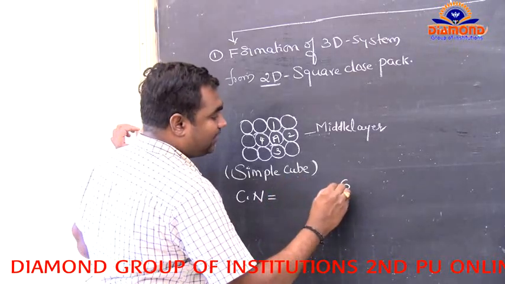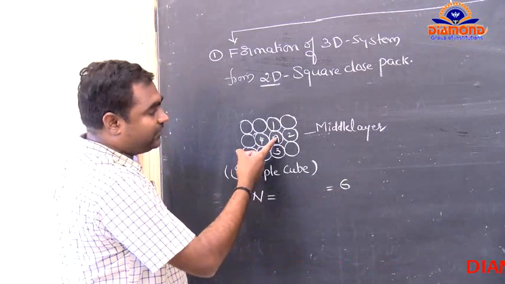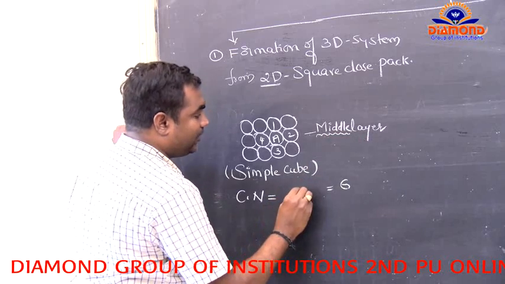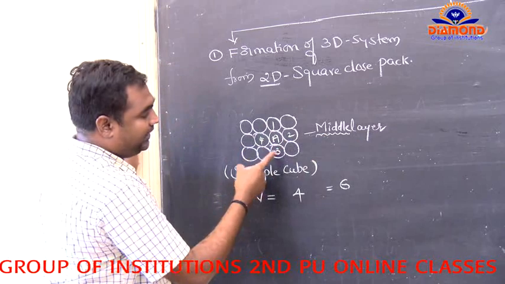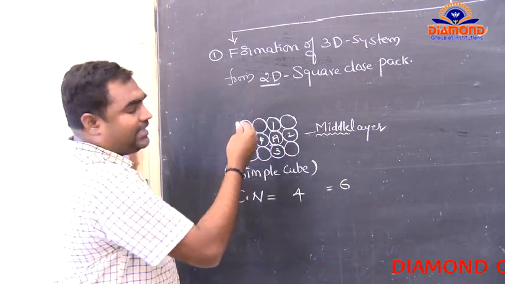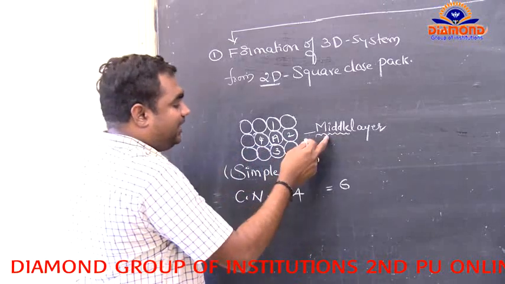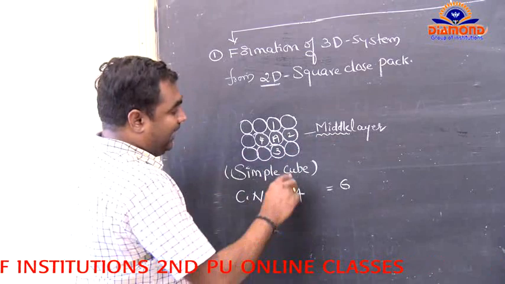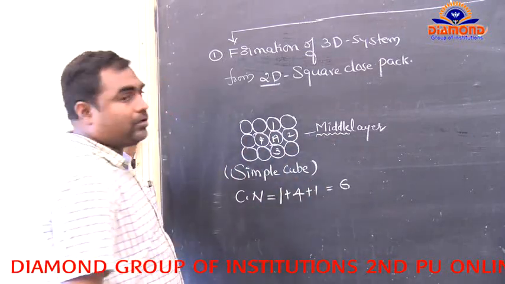How do we get 6? From the middle layer we get 4: 1, 2, 3, 4. Below, on the back side of this middle layer, one atom is in contact, and above, another atom is in contact.